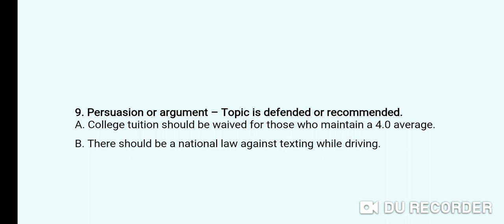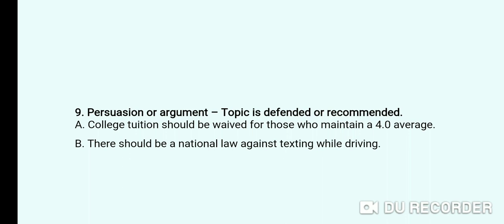College tuition should be waived for those who maintain a high average. So, this is your argument, and you will support it with a solid argument, so that the college administration will do the same thing.